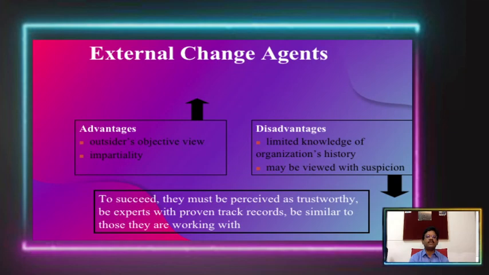To succeed, they must be perceived as trustworthy and be experts with proven track records, and be similar to those they are working with as far as their consultancy and services are concerned. With this, you can see the change agents within the organizations, and sometimes from outside also.